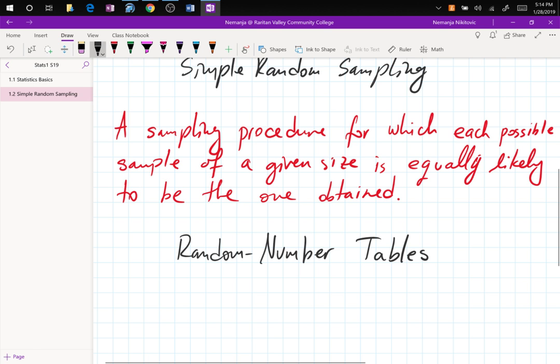It has the line number and the column number. What you do is you poke your finger somewhere, and then depending on whether you need 2-digit numbers, 3-digit numbers, whatever, you just go down in the fashion as you can see over here.